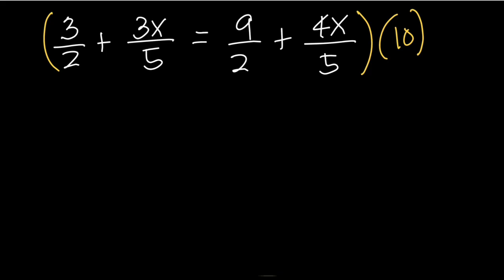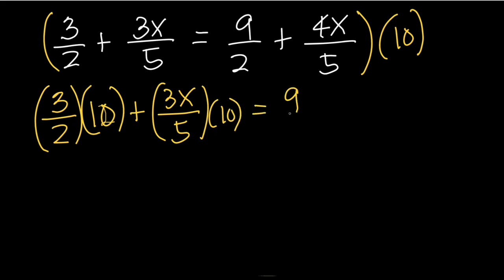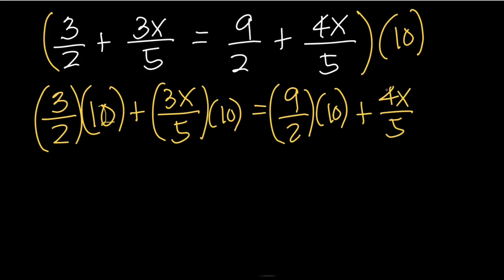Then we multiply 10 to both sides. We'll see. Maybe your answer is correct. 3 halves plus 3x over 5 times 10 equals 9 over 2 times 10 plus 4x over 5 times 10.